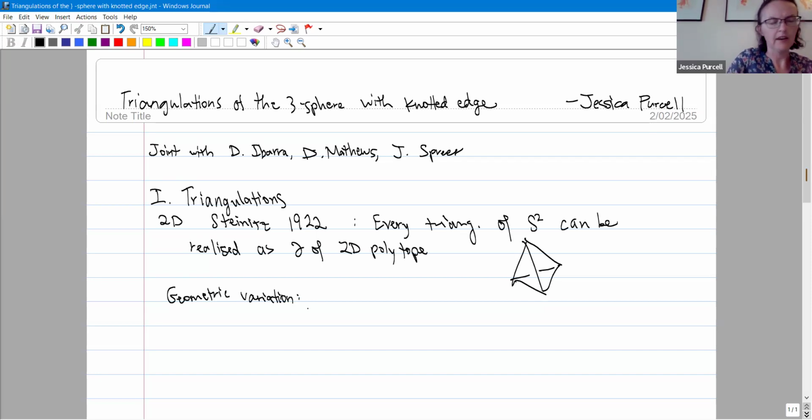which is the Koebe-Andreev-Thurston theorem, which says that really any triangulation of the two-sphere can actually be realized as the nerve of a circle packing.